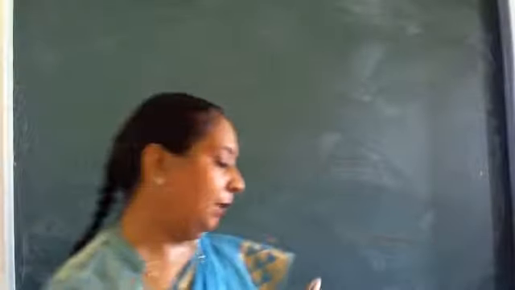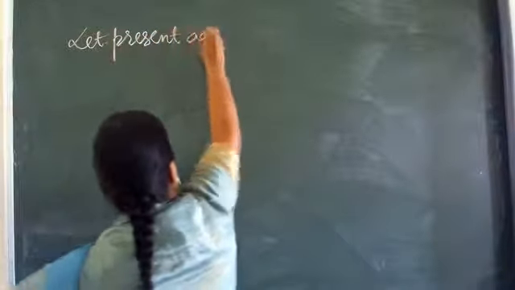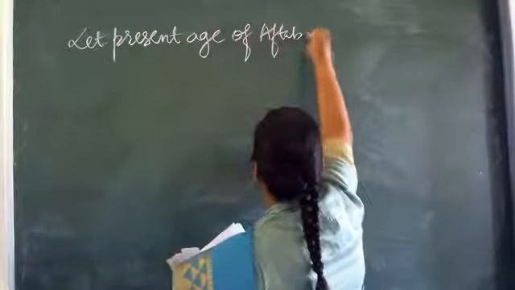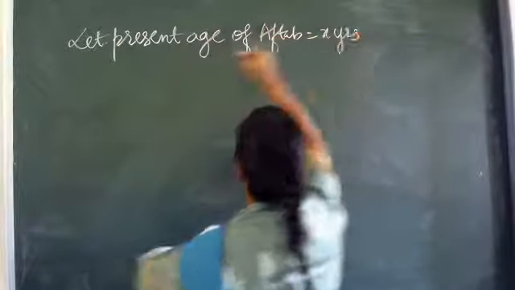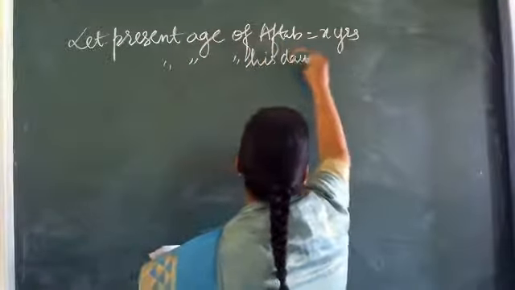So let us suppose the present ages of Aftab and his daughter. Let the present age of Aftab be x years and the present age of his daughter be y years.